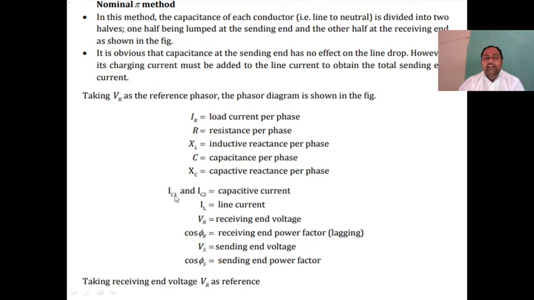IC1 is on the receiving end side, IC2 is on the sending end side. IL is the line current, VR is the receiving end voltage, which is the reference quantity, cos phi r is the receiving end power factor. Similarly, Vs is the sending end voltage, cos phi s is the sending end power factor, taking receiving end voltage VR as the reference as usual.